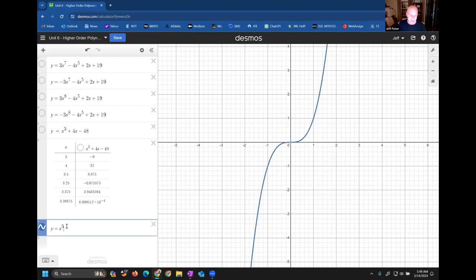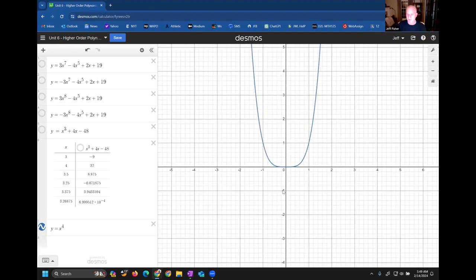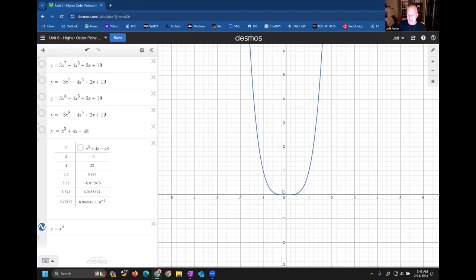But what happens if I turn this into a fourth power? Okay, that's interesting. Now it goes down on the left and up on the right. Again, we're just describing the end behavior, meaning what does it do at its two ends? There's two ends to this function.